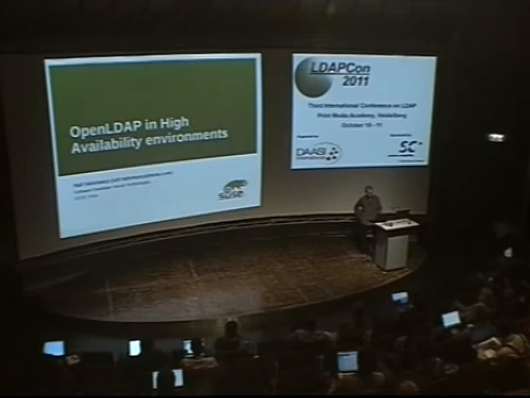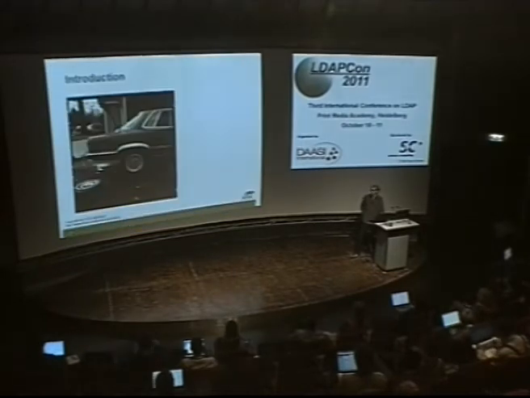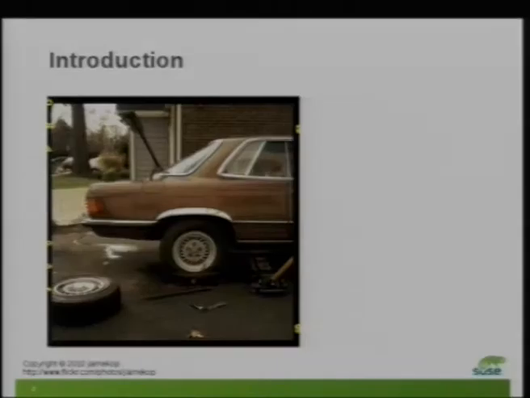As a very simple everyday example, we can take this picture. You see there's a car on it. If you can see it, it has a flat tire. And we can use it as a very good example to introduce some basic concepts of high availability. One important thing is if you have a failure, you need to be very fast to detect it.